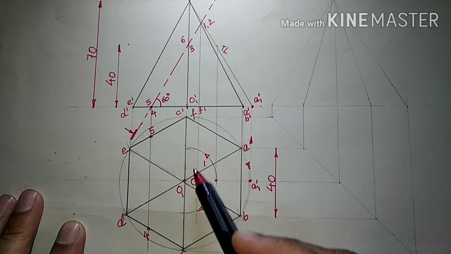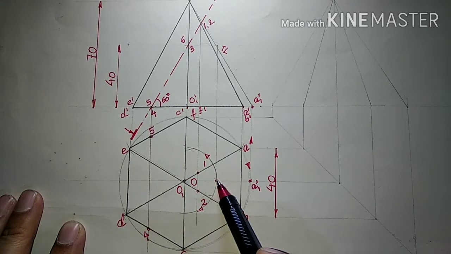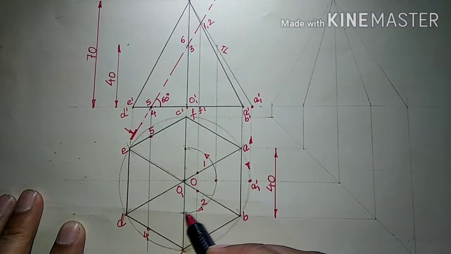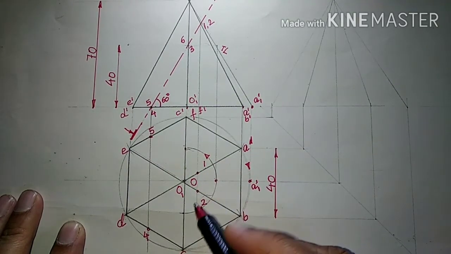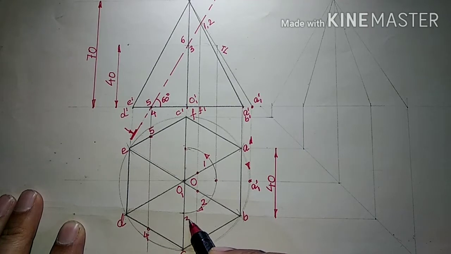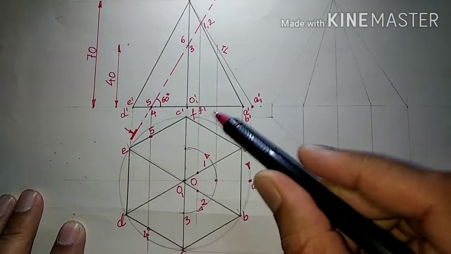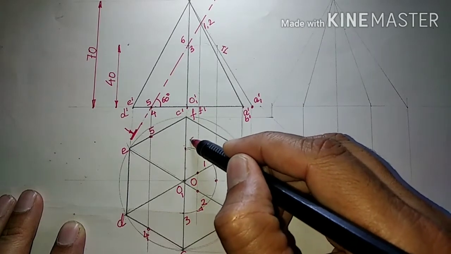We have rotated it by taking the same radius from here, and here we got now 2 points. Already we had 1 2, this will be 3 4, already we have 5, and this will be 6.